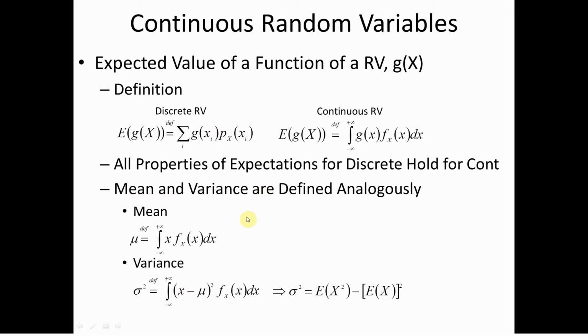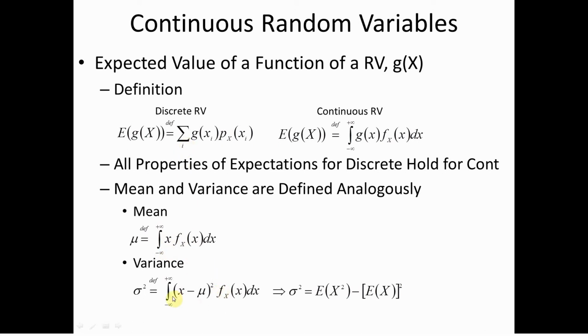And the mean and the variance for the continuous random variable are really defined analogously. If we simply replace the sum by an integral, the mean of the random variable, which for a continuous random variable we usually call mu, is just this integral of x times the PDF integrated from minus infinity to infinity. It's really the same as this.